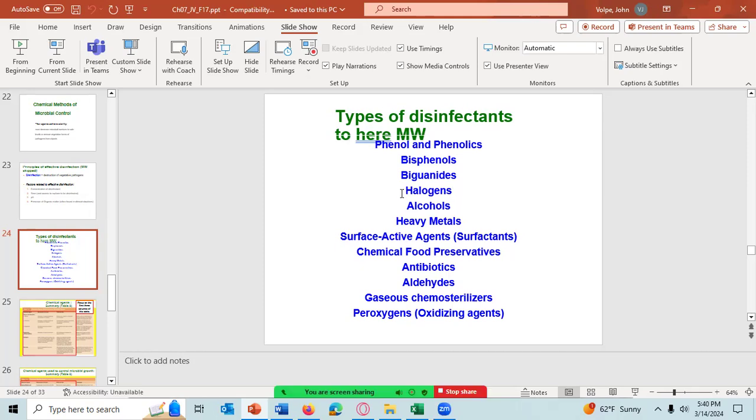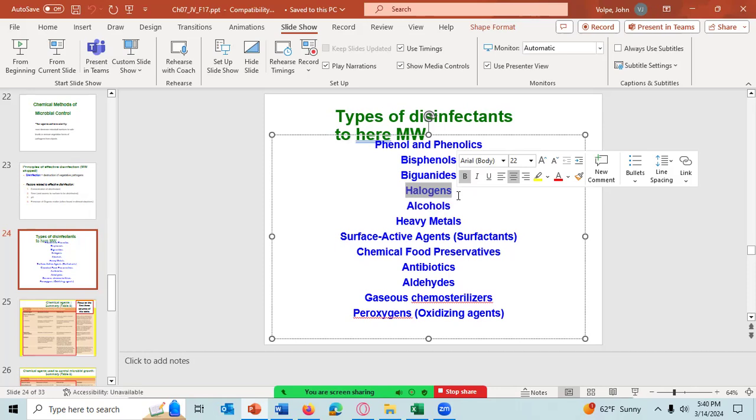Halogens, let me talk a little bit about them. There are two very common halogens, and I'm sure you're aware of both of them. Bleach is a halogen, and it is usually used to disinfect objects, like we use bleach to disinfect our toilets. Obviously, if it's used on living tissue, which it usually is not, it is an antiseptic. The reason it's usually not used on living tissue is that bleach is fairly caustic.